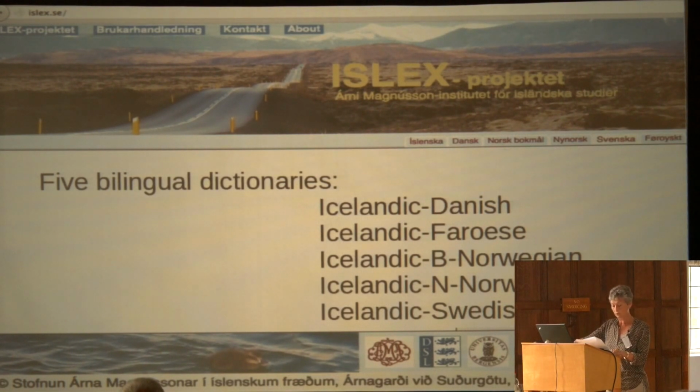The representation of each of the other languages, Danish, Faroese, Norwegian, and Swedish, is subordinate and reactive to the Icelandic lexical unit. Those languages are represented by units called for by the Icelandic lemmas, and the description of the specific features of these units is provided only when it's relevant in relation to the Icelandic material.